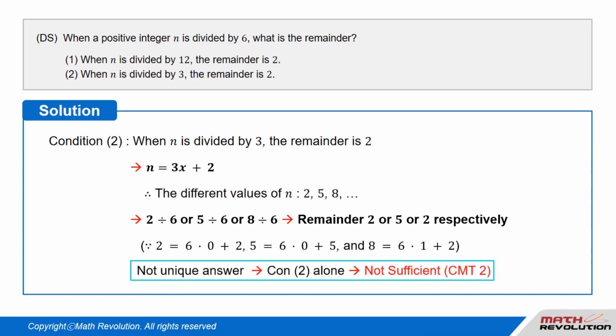Thus, this condition has no unique answers and is not sufficient by CMT2, which states that the number of answers must be 1.